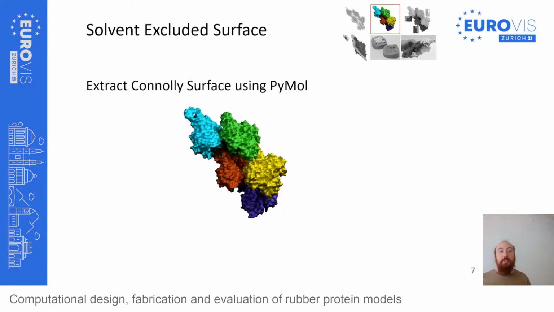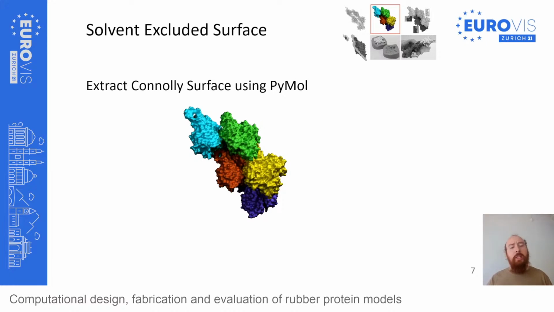So the first, as I've told you, is to extract a Connolly surface from your PDB file. And what we do, using PyMol for each chain, so for each subunit, is extract an independent Connolly surface, and the output would look something like this.